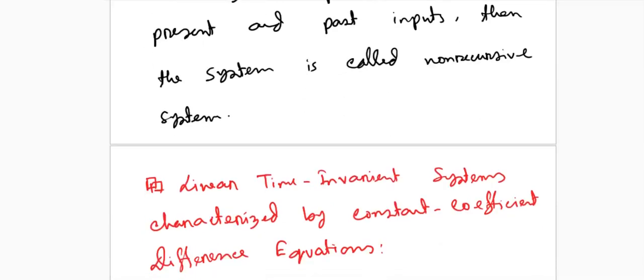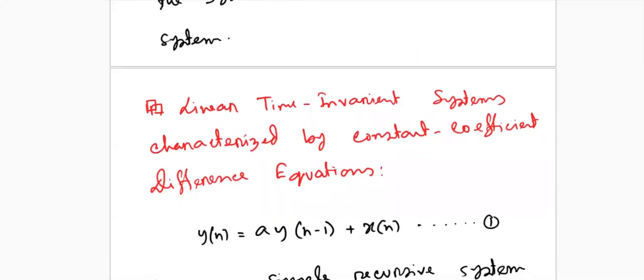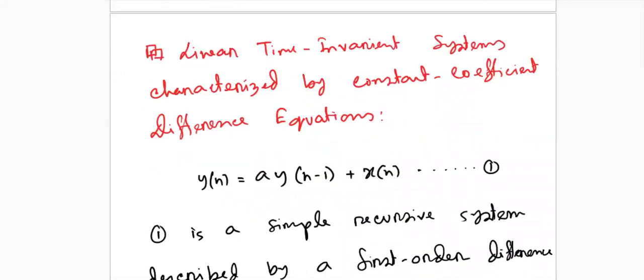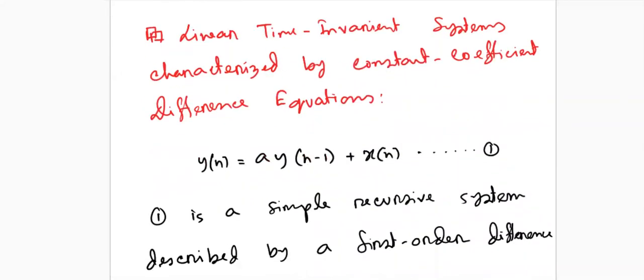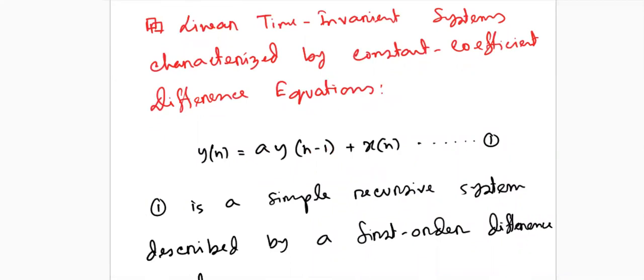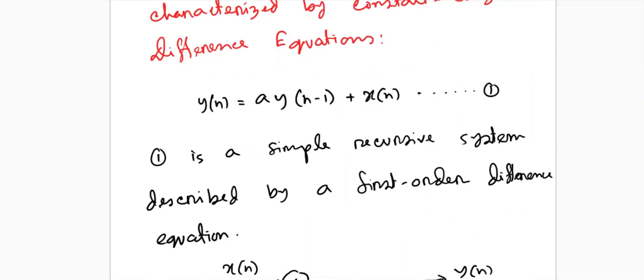The linear time invariant system characterized by the constant coefficient difference equation. Basically, we are talking about the difference equation again, where of course they are having the constant coefficient. We are not talking about the complex coefficient. So let us start with a simple system, first order system.